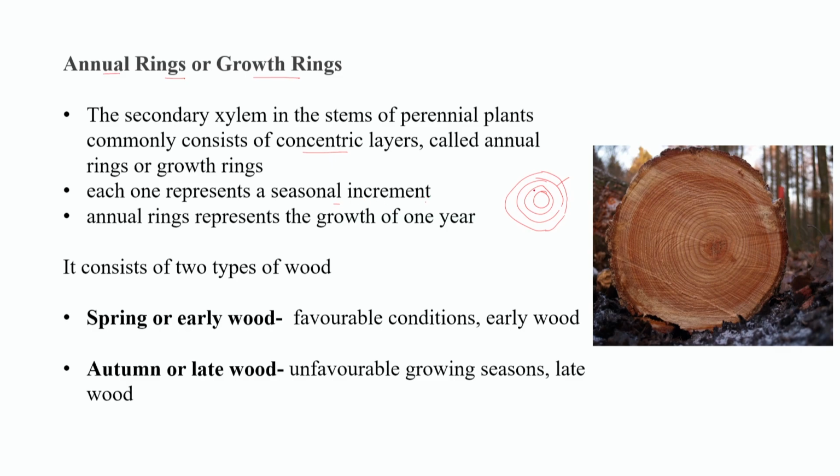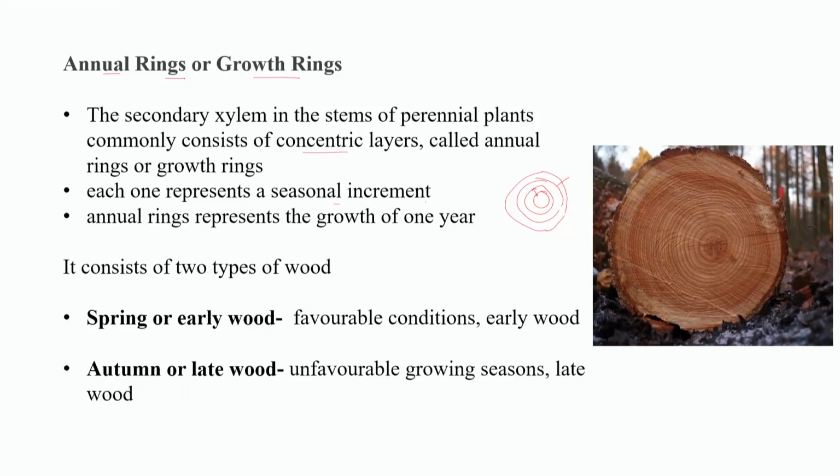That means the area of xylem added between two rings is the increase occurring in one complete year. The cambium is active, and how much secondary xylem is produced by the cambium within one year is represented by one ring. The next ring will represent the next year.